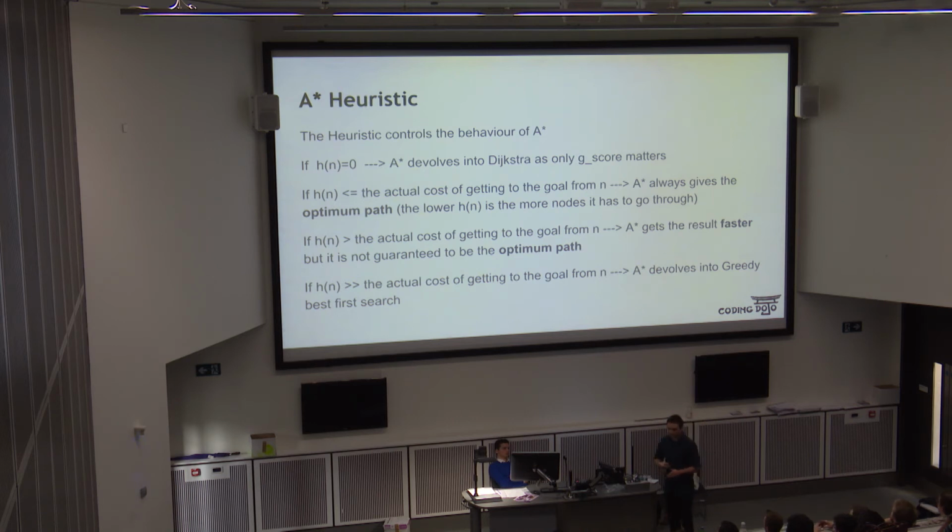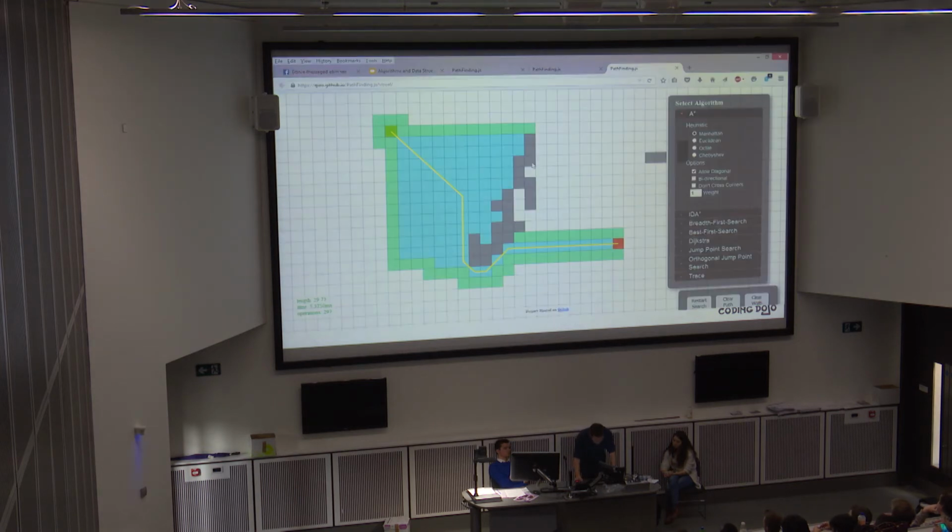If I've got a heuristic which grossly overestimates the cost of getting to my endpoint, what happens is that it devolves into greedy best first search, which means it's going to continuously try going as close as possible. So it's going to devolve into a bit of a depth first search, as in it's going to continue going down one pathway until it can reach its goal, and it only turns back if it's stopped somewhere. So I'm just going to actually show you that.